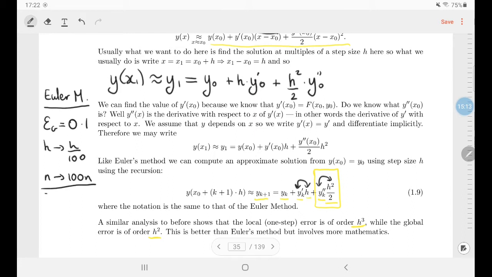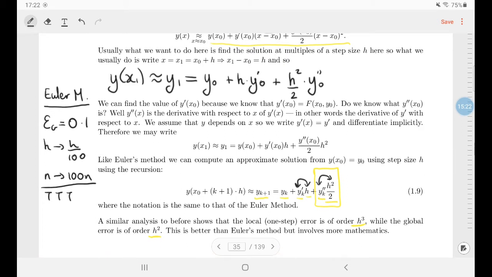Now for the three-term Taylor, for the same problem, we're trying to get the global error from 0.1 to 0.001. Improve it by a factor of 100. Now here, the error is of order h squared.